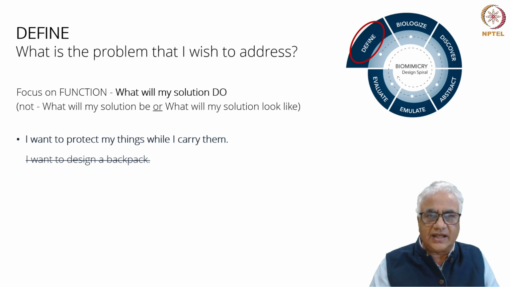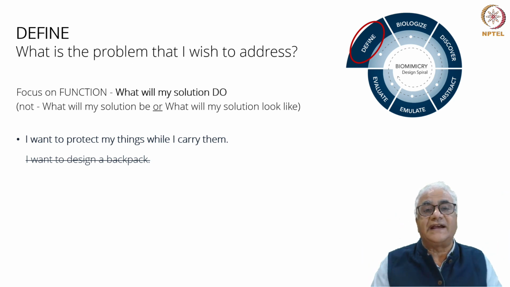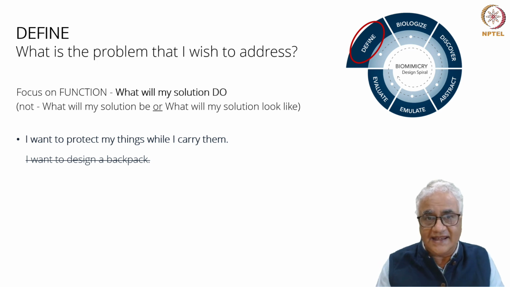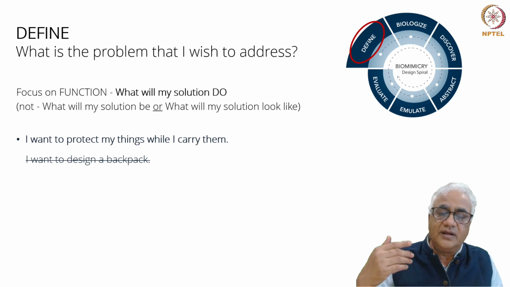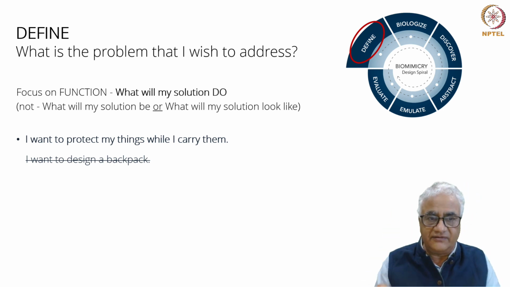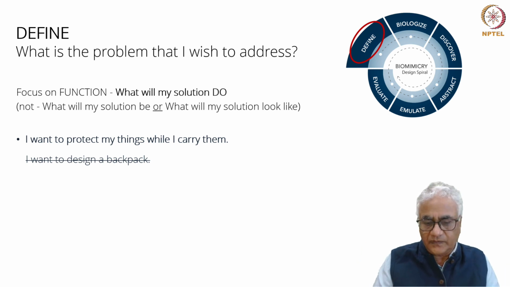The minute you listen to that, alternatives jump at you, right? You can go beyond a backpack. You can even have someone carry your things for you. Not joking, but it's an idea anyway, right? So when you put the function in your sentence, the possibilities of new solutions crop up.